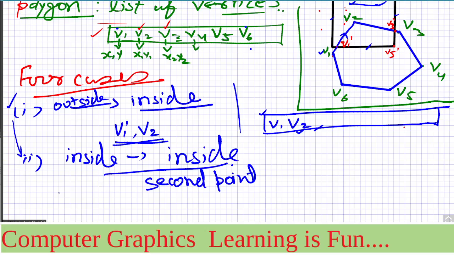Suppose we are evaluating V8 and V9. If it is the case of inside to inside, then V9 needs to be appended to the list, because we believe it is inside to inside. Once we have already reached inside, V8 is already here. Okay.